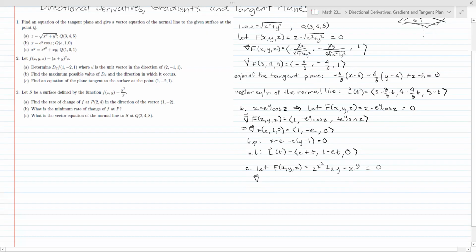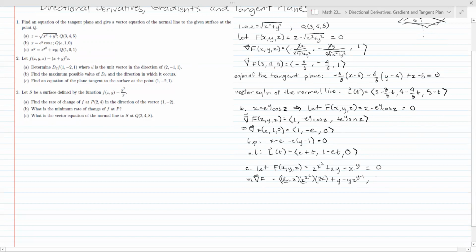Ang gradient ng f here is equal to partial x. So, as if constant yung z, ln z, z x squared, ano yan? 2x, derivative ng x squared, and then plus y minus yx to the y minus 1, okay?